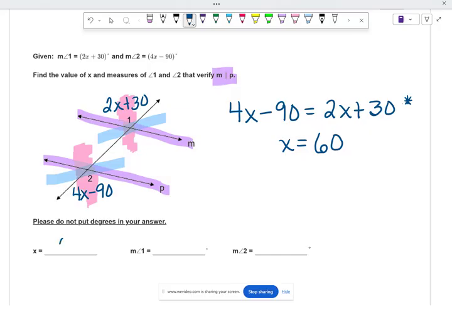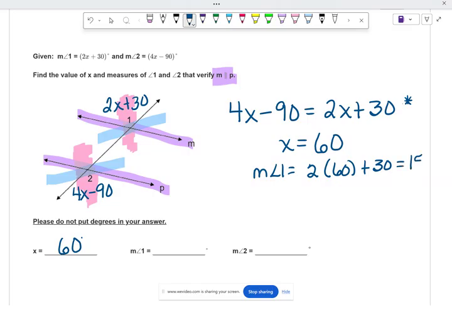Now to find the measure of the angles, y'all, we don't want you to come in here and put in 2x plus 30. That's the algebra. We want the real angle measure. To find the real angle measure, you take out the x and you plug in the 60. So angle 1 would be 2 times 60 plus 30.